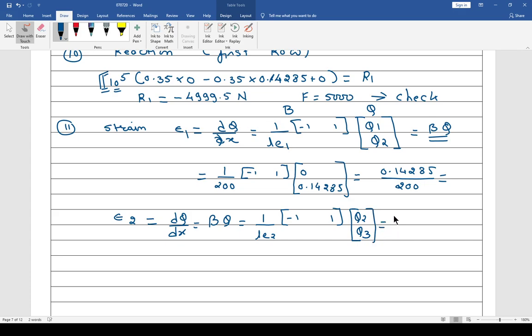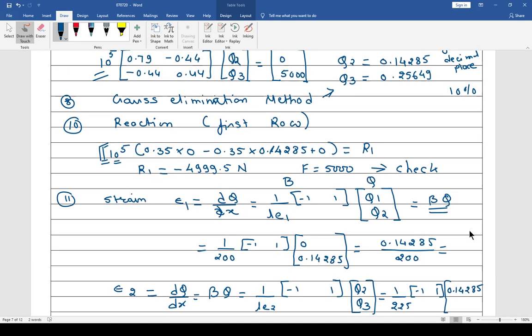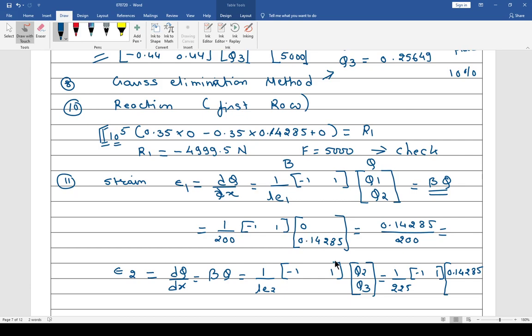That value will be 1 by 225, minus 1, into 0.14285, and the next value is 0.25649.